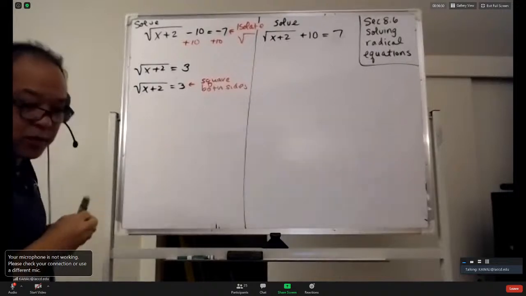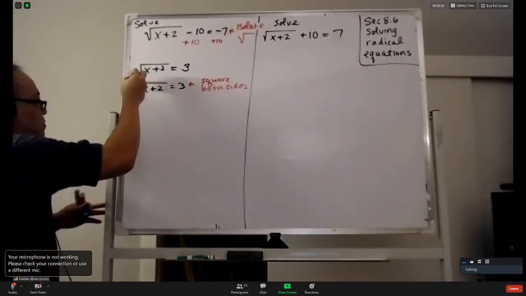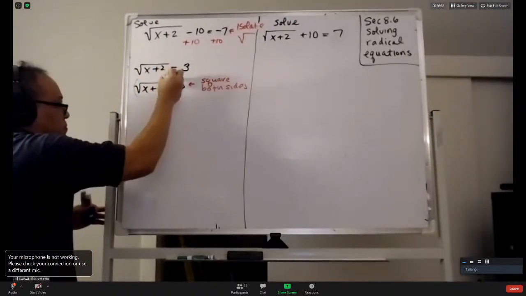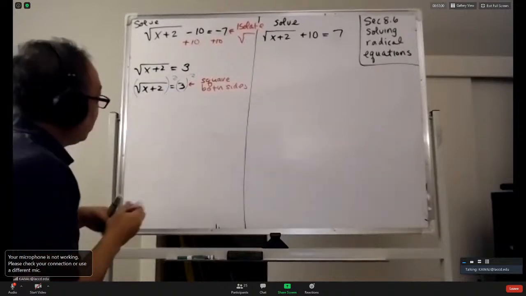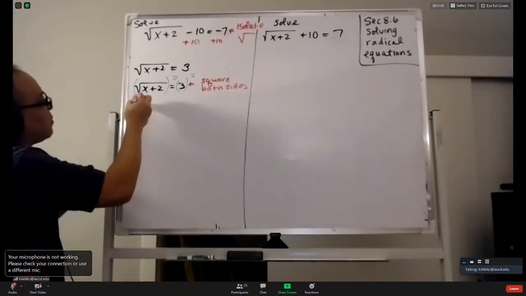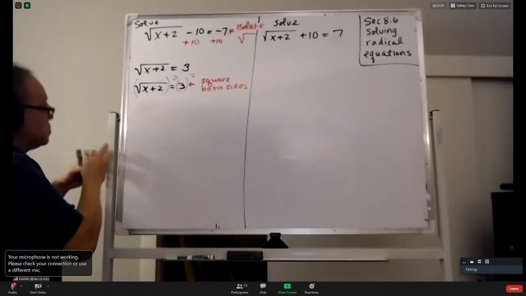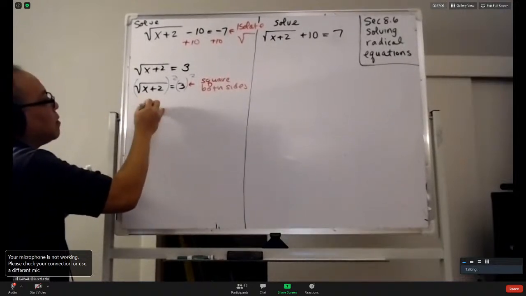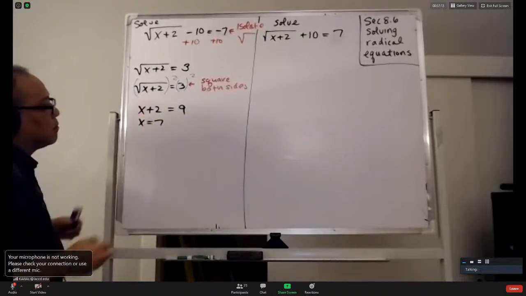Okay. Now when I square both sides, the square and the square root cancel each other out. Okay.